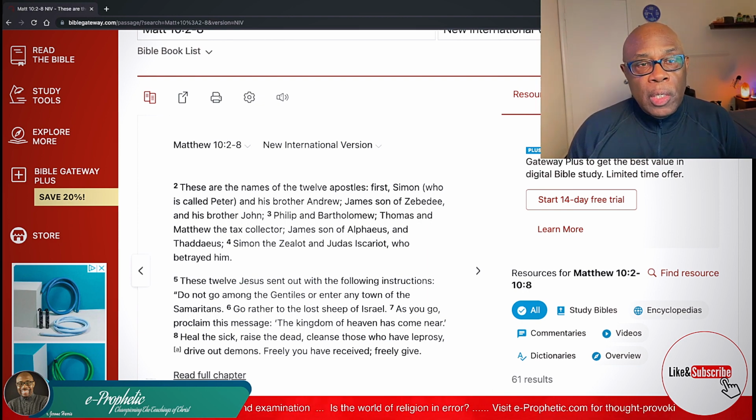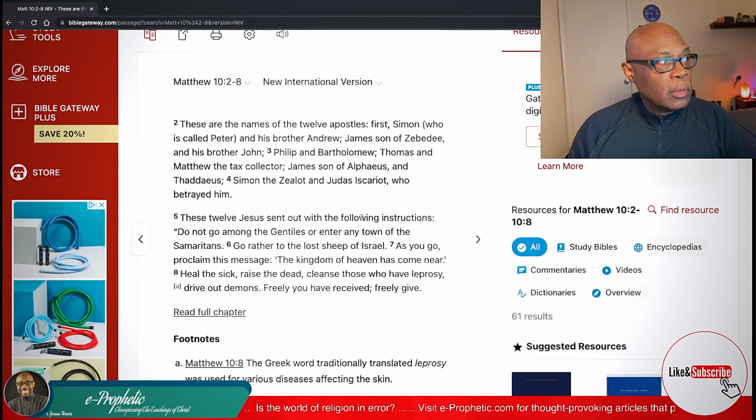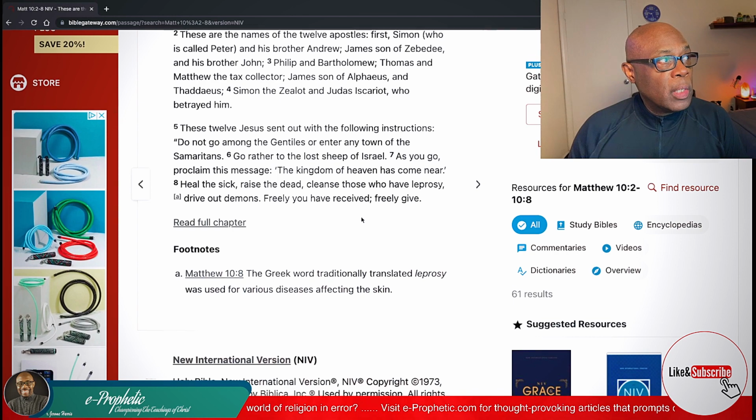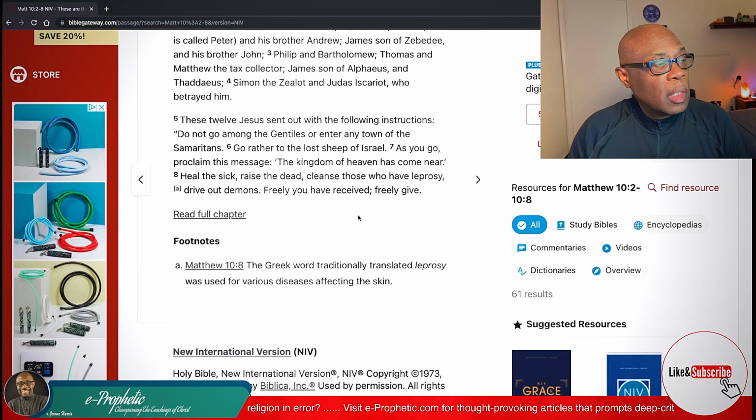Now, to help you appreciate that, we're still here in Matthew chapter 10, but let's go on down to verse 5, and we'll begin there, and you'll come to understand what I'm talking about. "These 12 Jesus sent out with the following instructions. Do not go among the Gentiles or enter any town of the Samaritans.